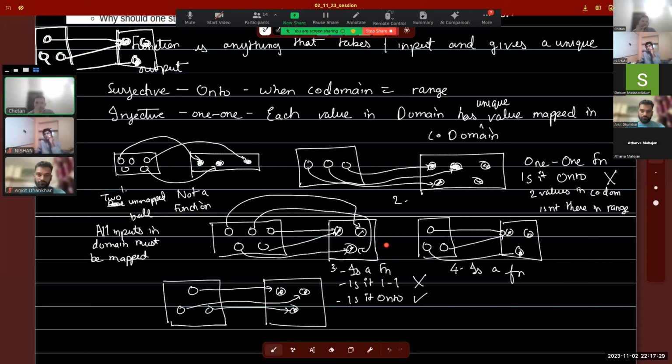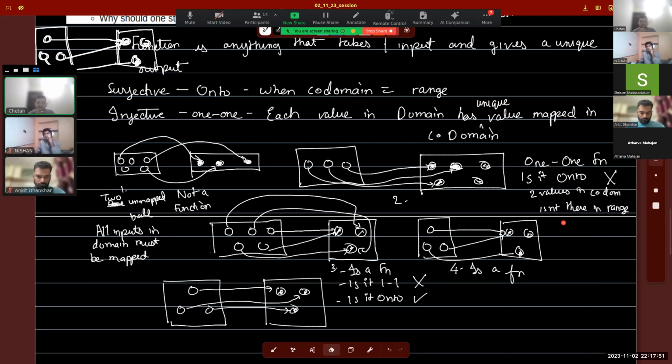It need not be unique. I just want that every element in my codomain is mapped to some element in my domain. I don't care about uniqueness when it comes to onto functions. But I do care about uniqueness when it comes to injective functions or one-to-one functions.